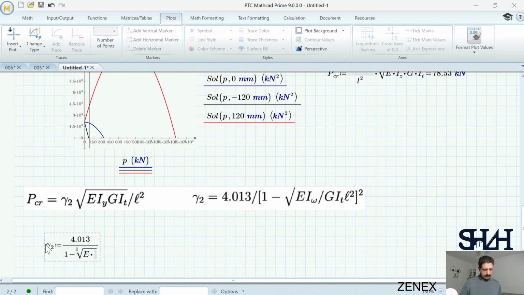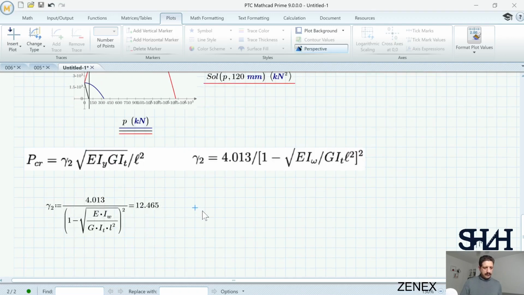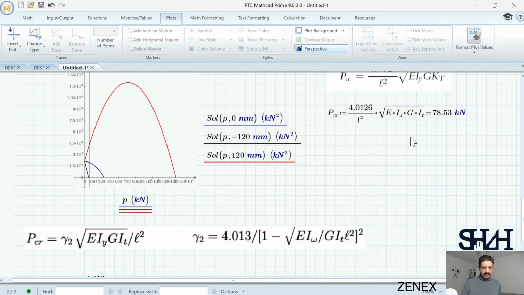So E times Iw divided by G times It, times L squared. So here this value is 12, and then we can write down something similar.